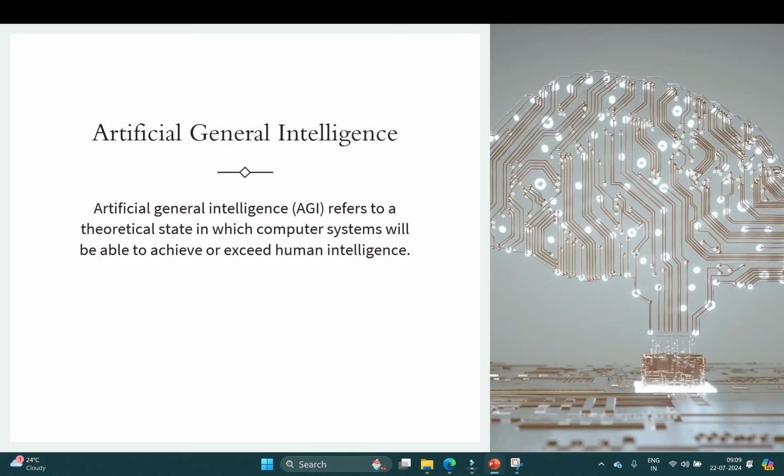So there are pros and cons of solving a problem with a human mind versus a machine. But ideally, the state people are trying to move towards is AGI, where machines will exceed human intelligence. We may have seen multiple movies where this has been shown, but as of today, that's not a reality yet.